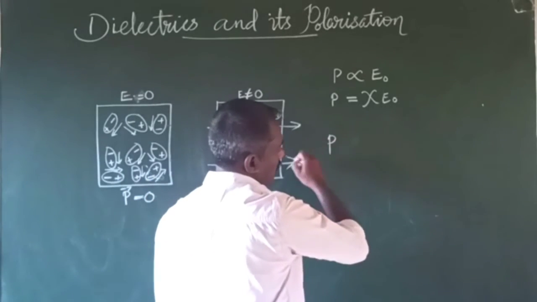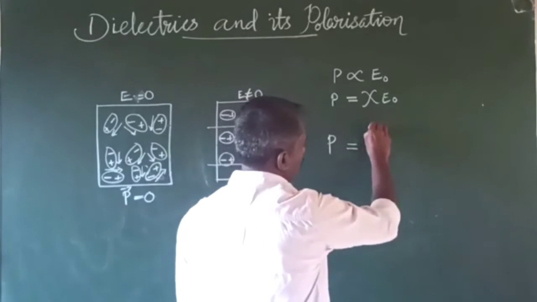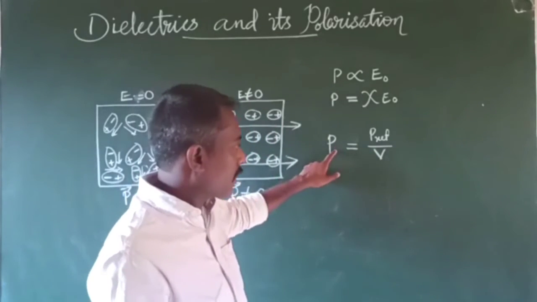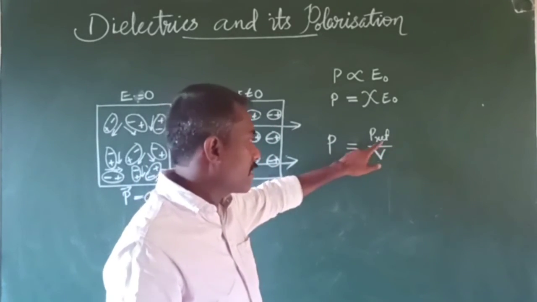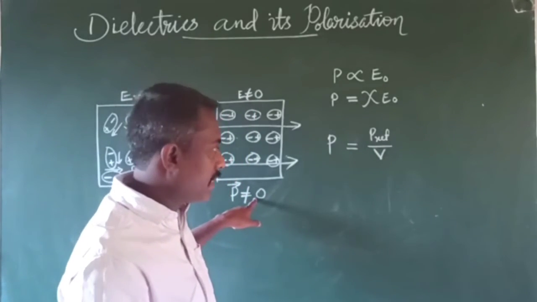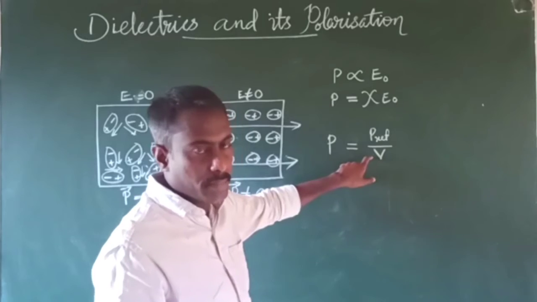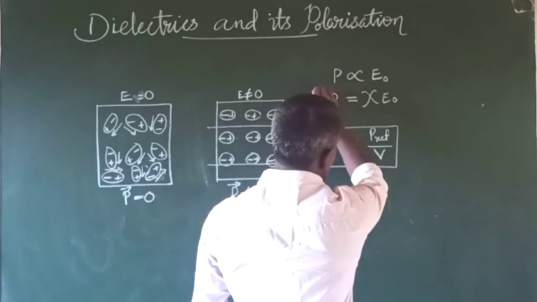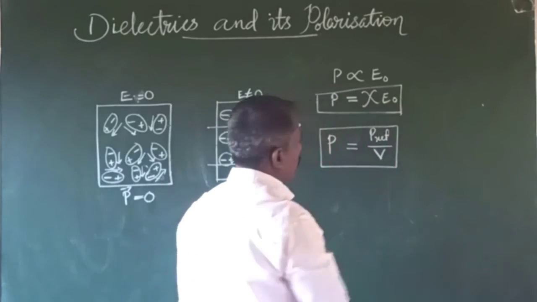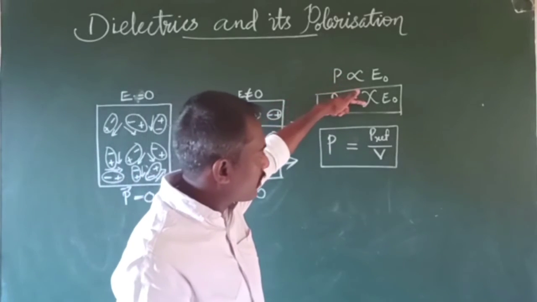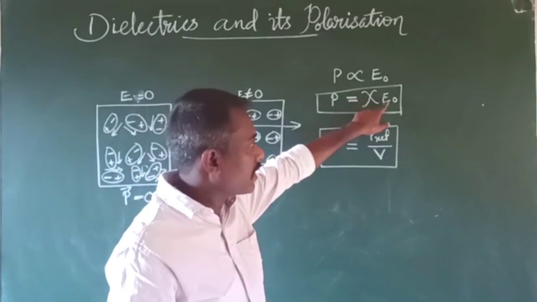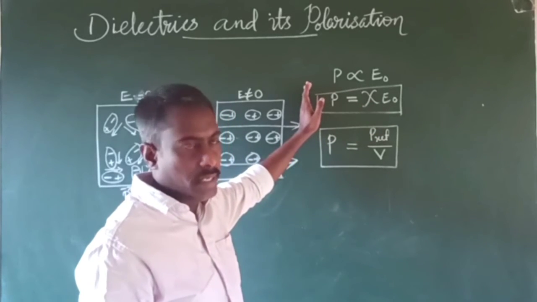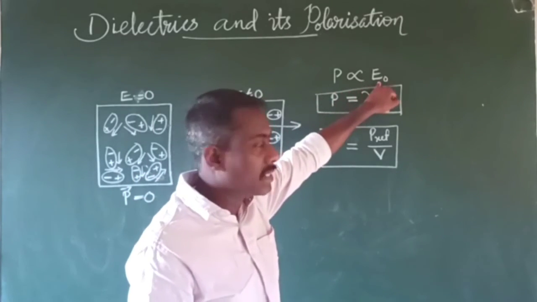The polarization is denoted by the letter P, and it is P equals P net divided by V, where P net is the electric dipole moment of the material and V is the total volume of the material. Also, when the electrical susceptibility is larger for a substance, the polarization will also be large. That means P is directly proportional to the electric field applied.